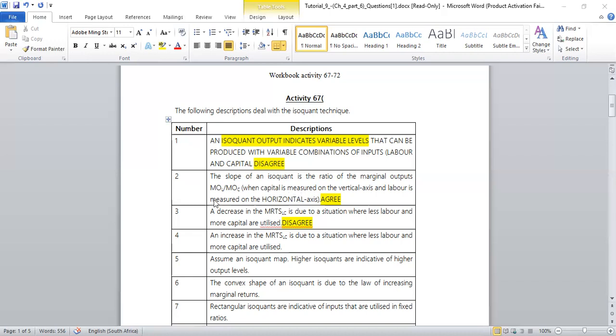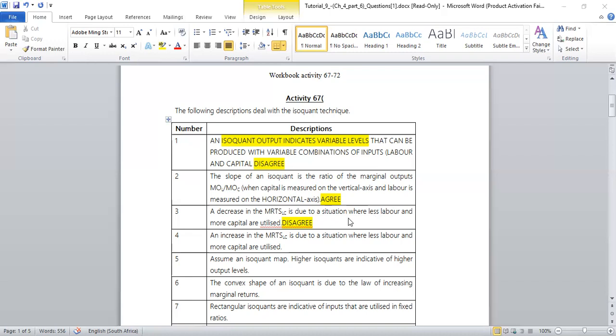So when it comes to here, a decrease in the marginal rate of technical substitution is due to a situation where less labor and more capital are utilized. Let's have a look here.